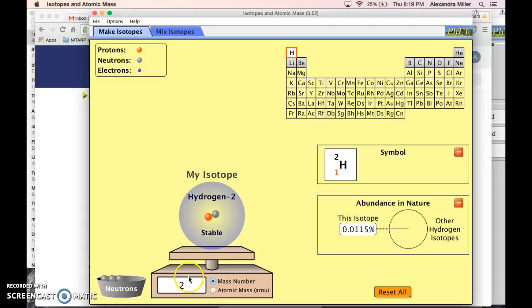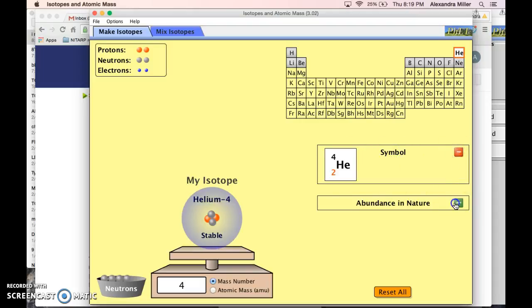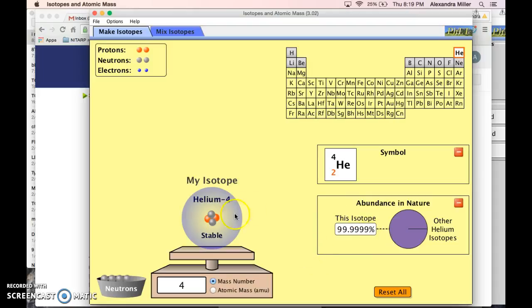Now, what are some other isotopes that exist, Miss Miller, you ask? Okay, so reset that. How the heck do I add more? Let's do this. Okay, sweet. It's showing you exactly the most abundant isotope that exists for each element in the first 10.